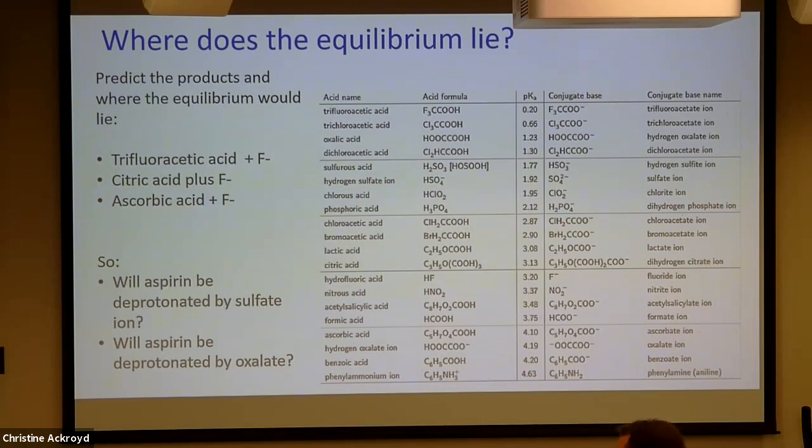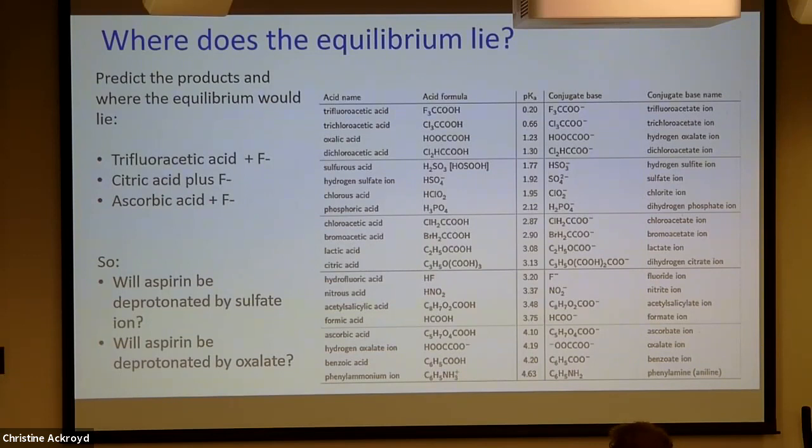The side of product. When you do this analysis, will you always get stronger on one side and weaker on the other? Yes, you will. The relationship between the strength of the conjugate base and the strength of the acid means you always get the stronger acid and the stronger base on one side of the equilibrium or the other.